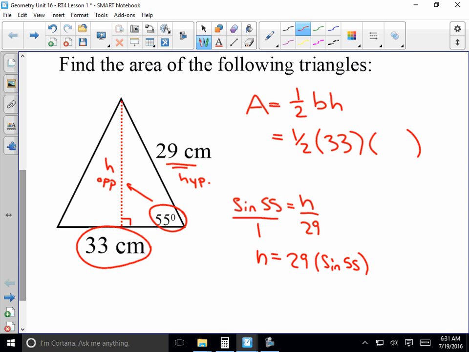And we're going to use this idea because this height measurement always will work when we're dealing with a side angle side situation. So on our calculator, if we find the sine of 55 degrees, we get 0.8192 times 29. We get a value, rounded to 1 decimal place, of 23.8.